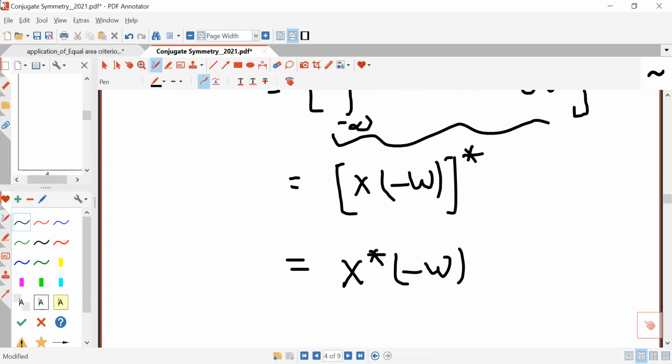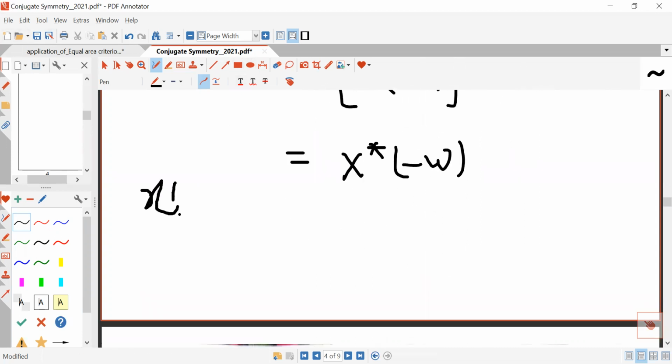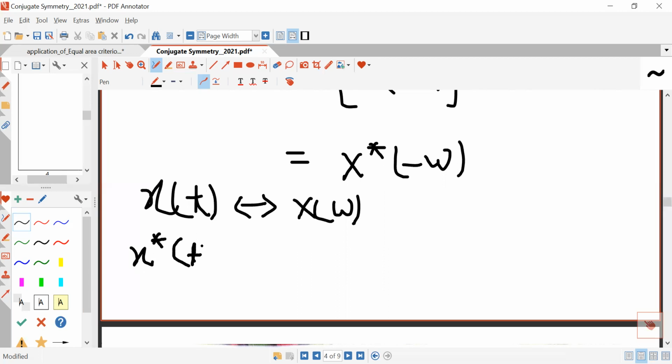In this way, you can see that if the Fourier transform of any signal x(t) is X(omega), then the Fourier transform of the conjugate of this signal will be X of minus omega conjugate.